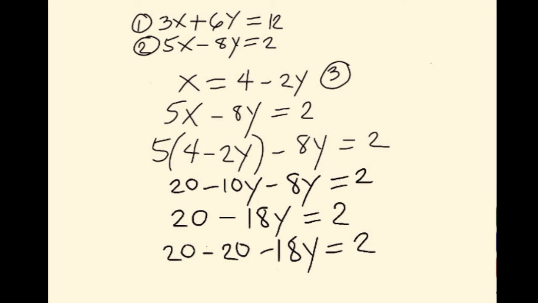Whatever we did here on the left side, please take note we have subtracted 20. We should also do it on the right side to maintain the equality. So 20 minus 20 is 0. What remains on the left side of the equation is negative 18y. And on the right-hand side, we have 2 minus 20, which is negative 18.